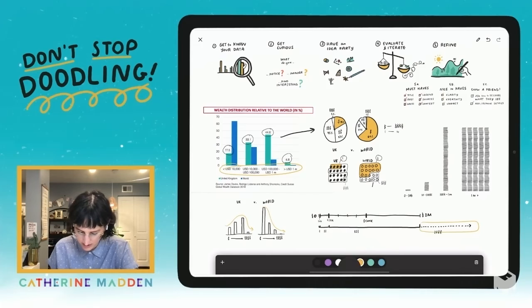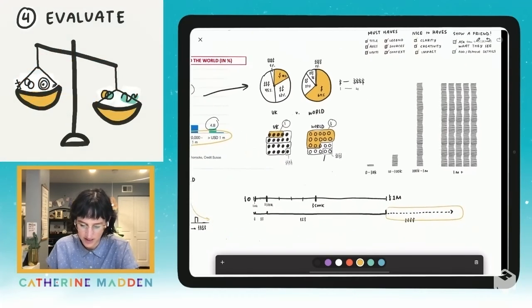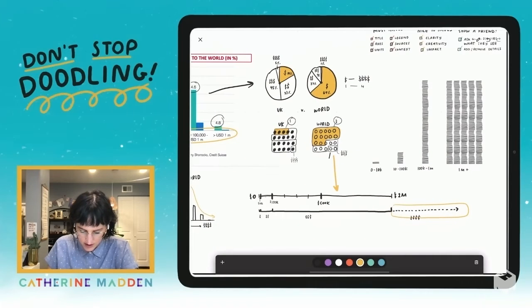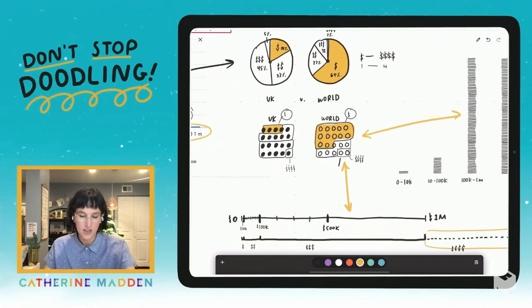moving on, and in my further explorations, when I moved into step 4, evaluate and iterate, I tried to combine these 2 concepts, the distribution or percentage breakdown of these different wealth buckets and what the wealth buckets actually meant. And I had a really hard time with it.